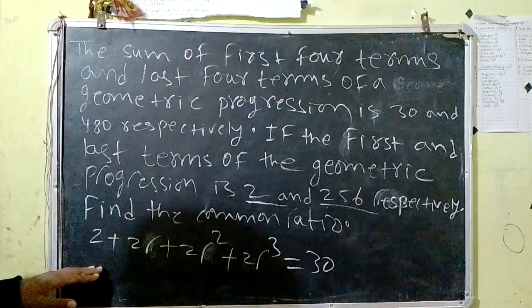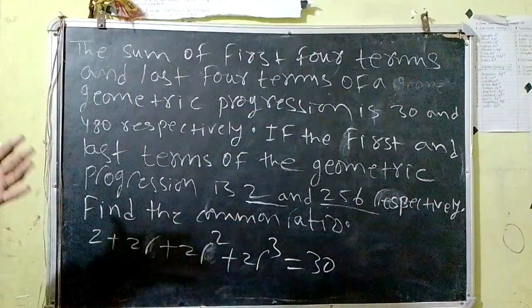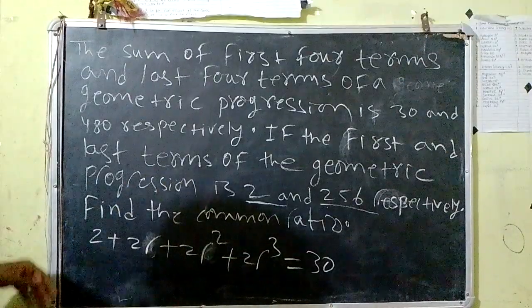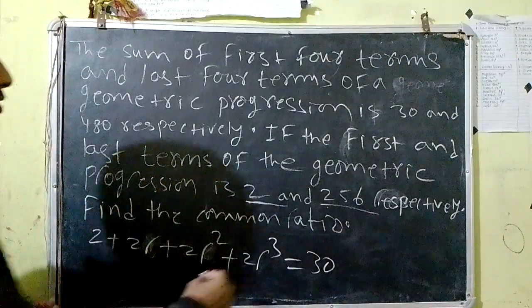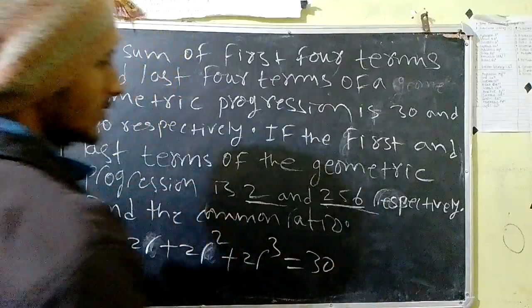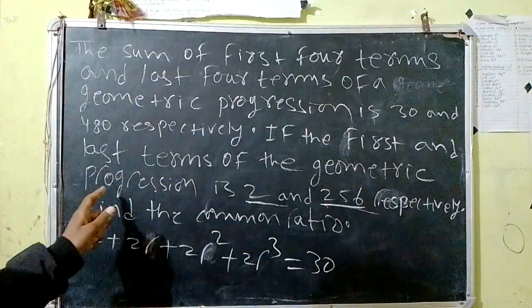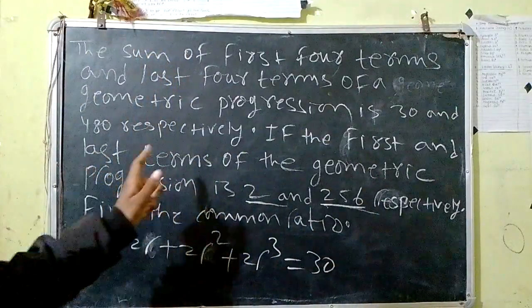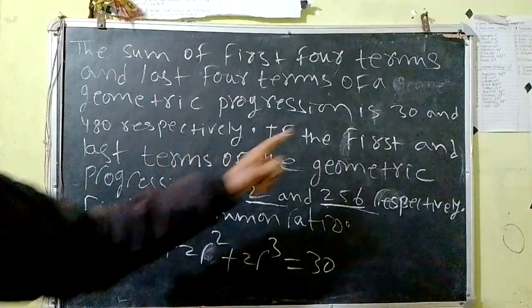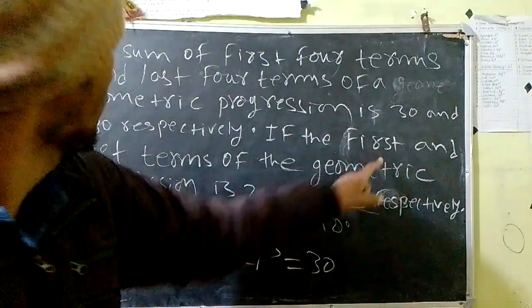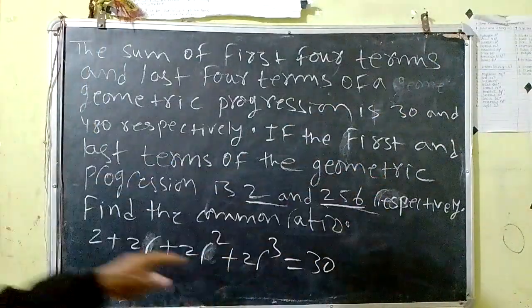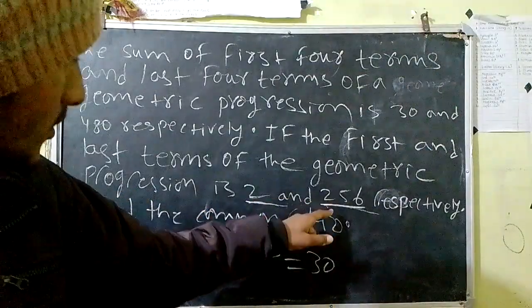The next information it gives is the summation of the last 4 terms, and that the last term is 256. First and last terms are 2 and 256.